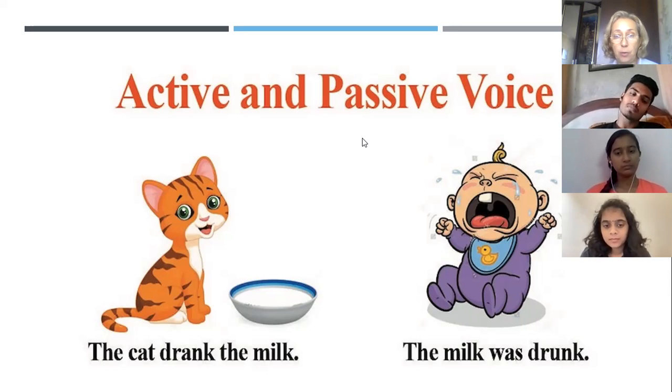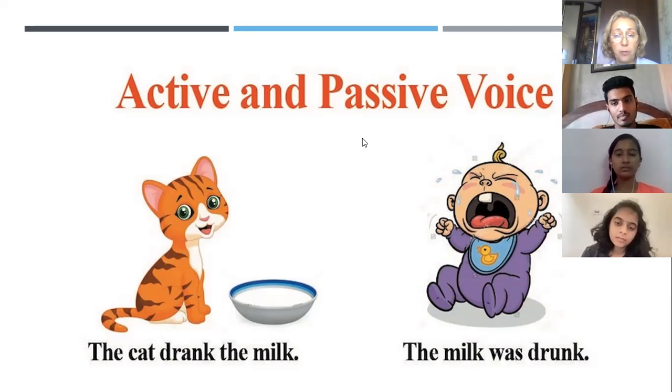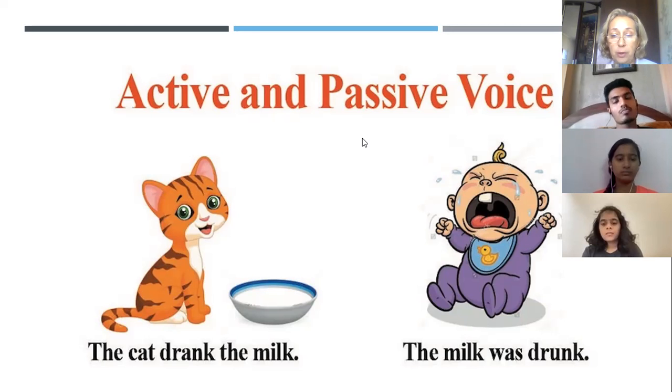And in the second picture, you can see an unhappy baby who is crying, and the sentence says, the milk was drunk. So it doesn't matter who did this, because there is no milk. The milk didn't do it itself. Somebody did it with the milk. So that is why the passive voice structure is used. Was drunk, this is the passive voice of the verb.